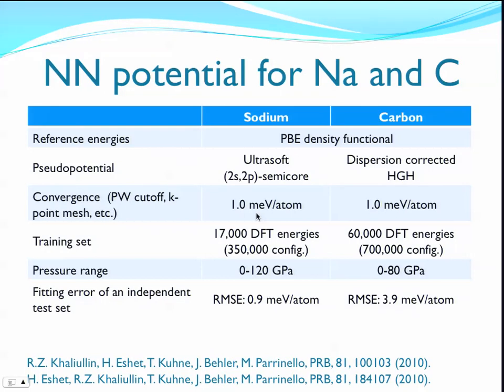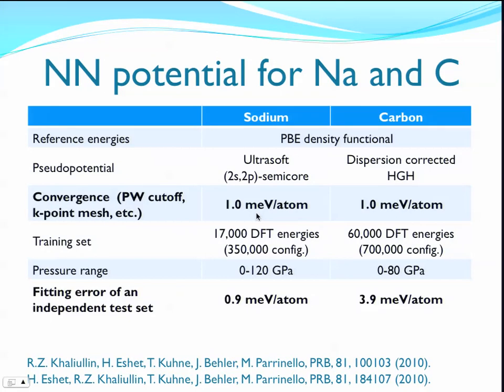And most importantly, I want to stress this: the fitting error of the neural network on an independent test set is on the same order of magnitude as the convergence error of the ab initio simulation.